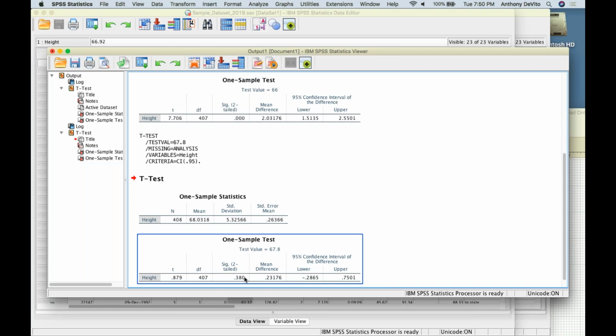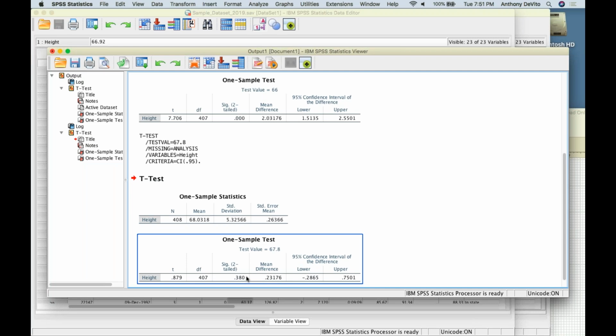In other words, that's 38%, how often you would get that result if there were no difference in the two groups. We need that to be less than 5%. So if that p-value, the significance two-sided, is less than 0.05, we reject the null hypothesis. If it's greater than 0.05, we fail to reject the null hypothesis. So at 0.38, 38%, we fail to reject the null hypothesis.